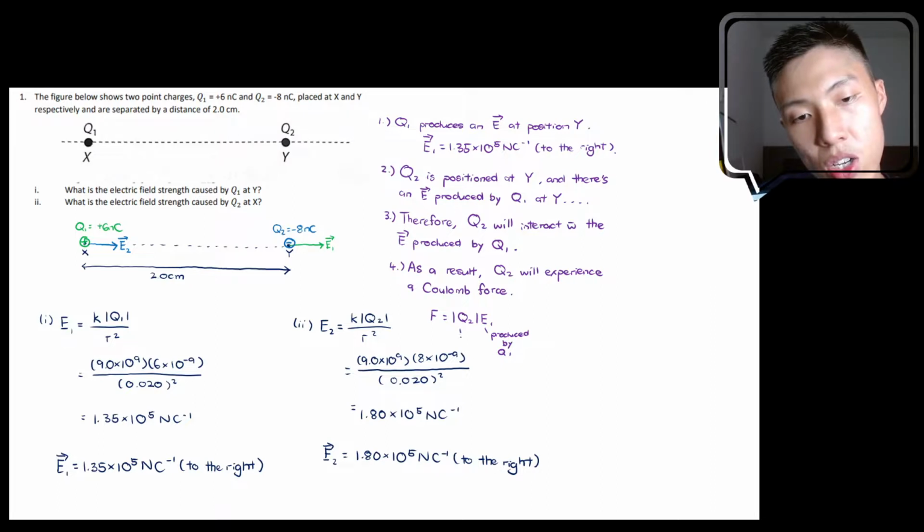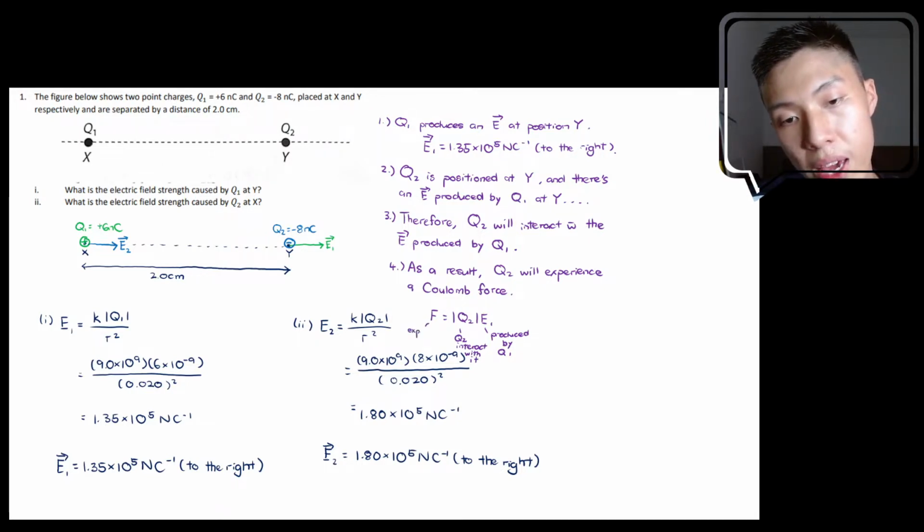Then Q2 interacts with the electric field. The electric field is produced by Q1, but Q2 interacts with it. Therefore, Q2 experiences the Coulomb force.